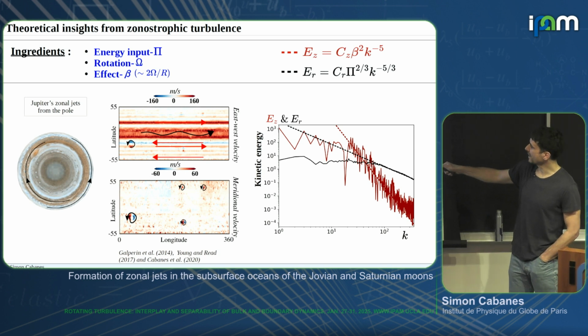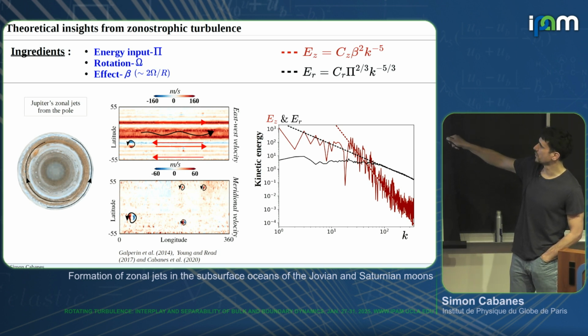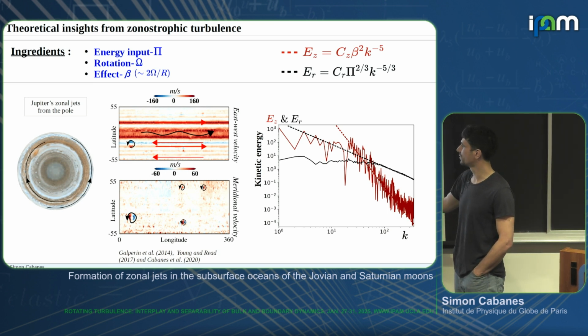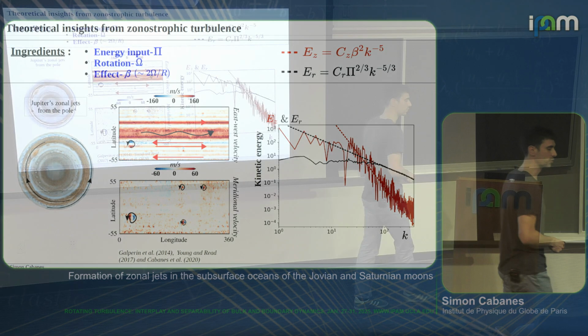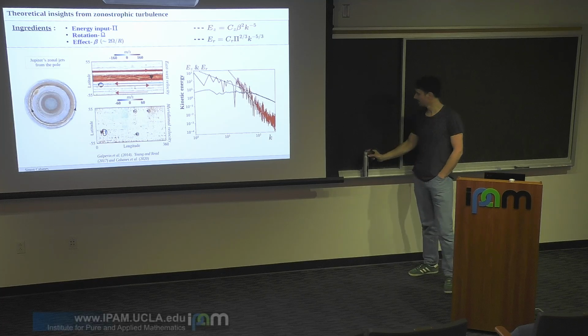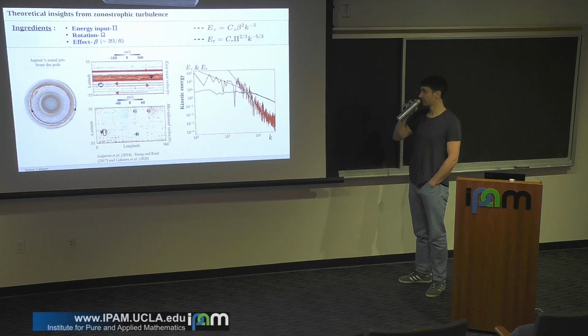And here, the magnitude of the residual energy corresponds to epsilon, the energy input in the flow. So basically, in the atmosphere of Jupiter, this corresponds to the turbulent mixing that you can observe. All right, so that's a first good step.